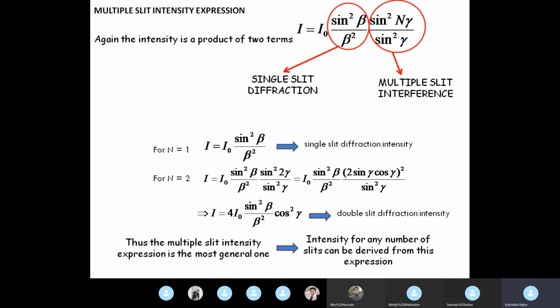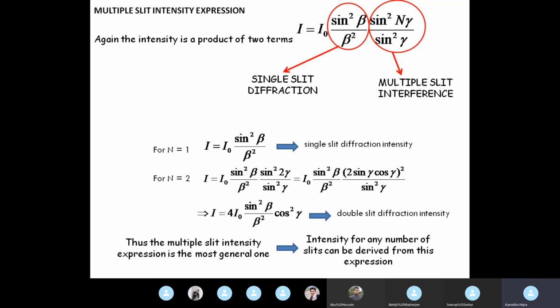If you put n equal to 1, you'll get the single slit diffraction term, n equal to 2, you'll get the double slit diffraction term, and putting n equal to 3, 4, 5, etc., up to whatever value you want, you will get the desired intensity expression for that particular number of slits. So remember, this is a very, very important expression, being the most general expression for the Fraunhofer diffraction pattern.